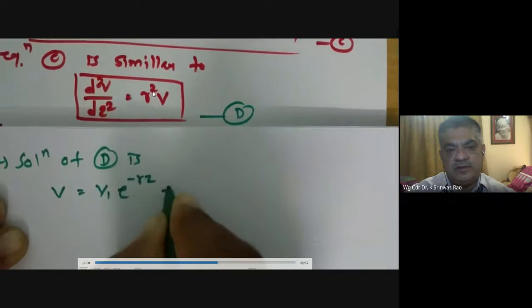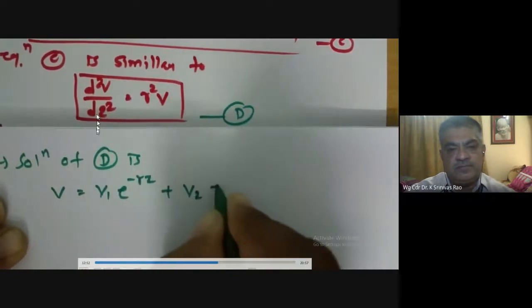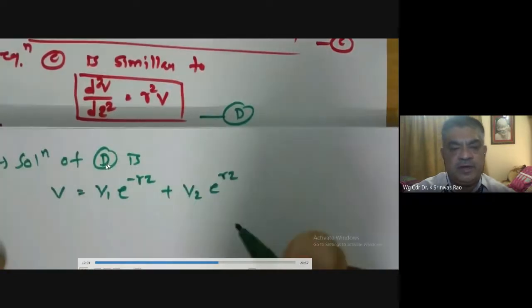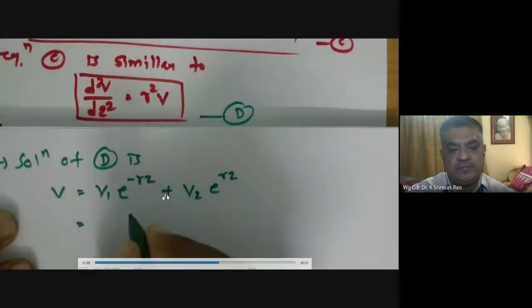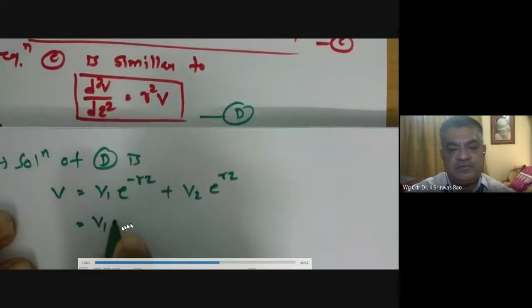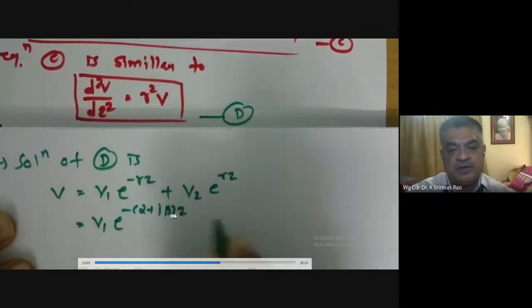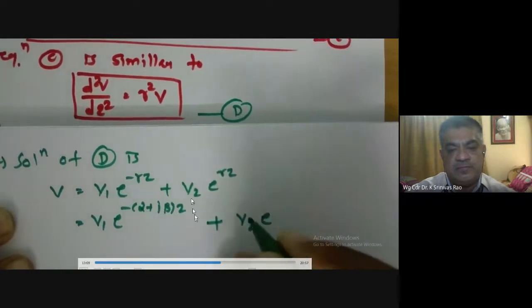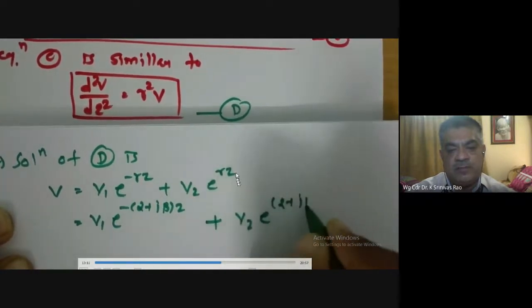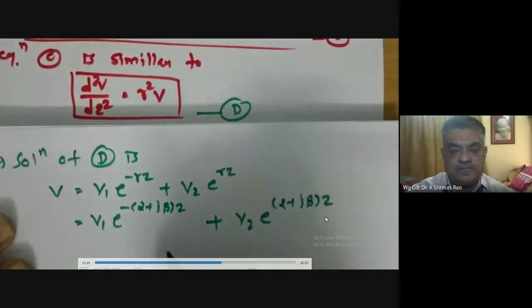So when you try to solve this, we can write v is equal to v1 e to the power of minus gamma z plus v2 e to the power of gamma z, which is nothing but v1 e raised to minus alpha plus j beta into z, just replacing gamma by alpha plus j beta, plus v2 into e to the power of alpha plus j beta into z.